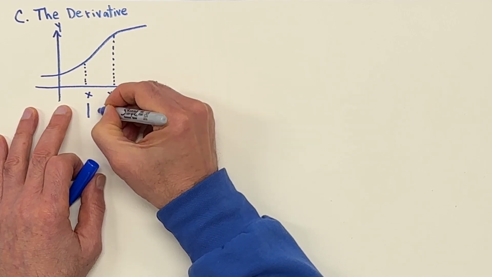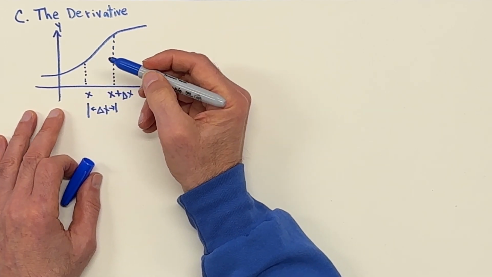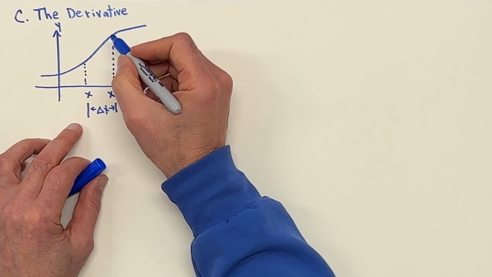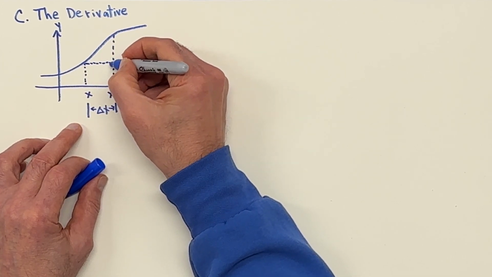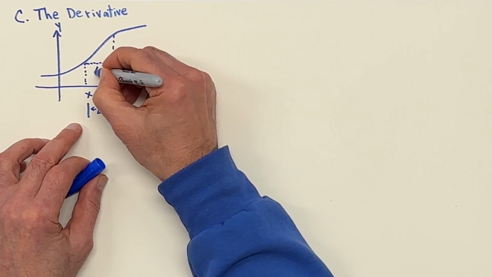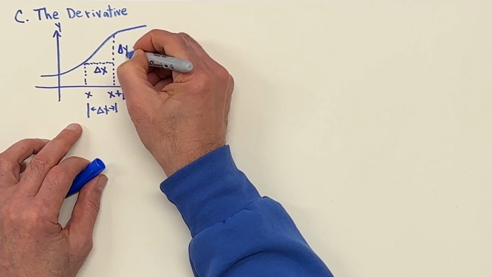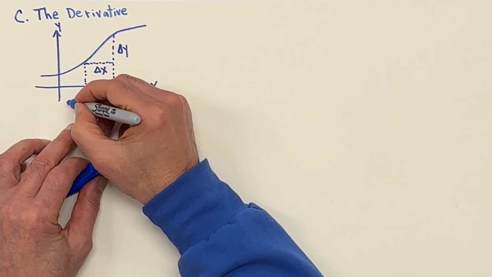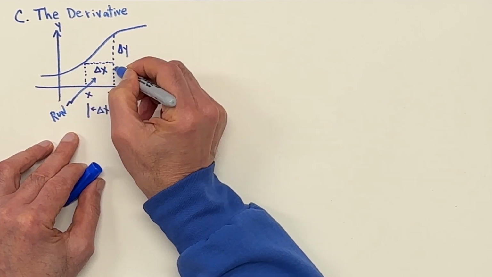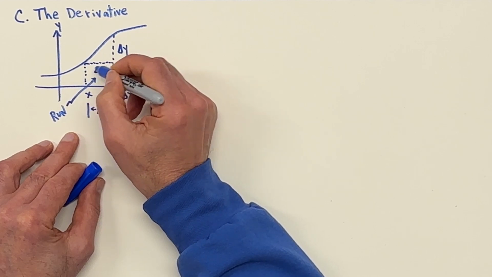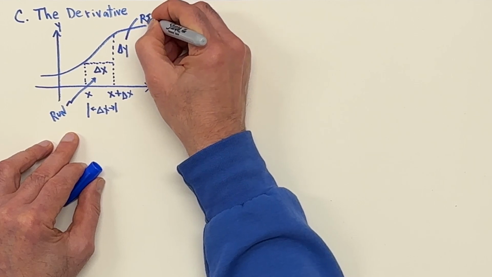So here, the delta x will be this distance. And what we're going to do is calculate the rise over the run. So here, if I go dot, dot, dot, dot there, form a little rectangle here. This is your delta x, and this is your delta y, and your delta x here is the run. That's the distance along the x-axis, the run, and then we call this one here the rise.